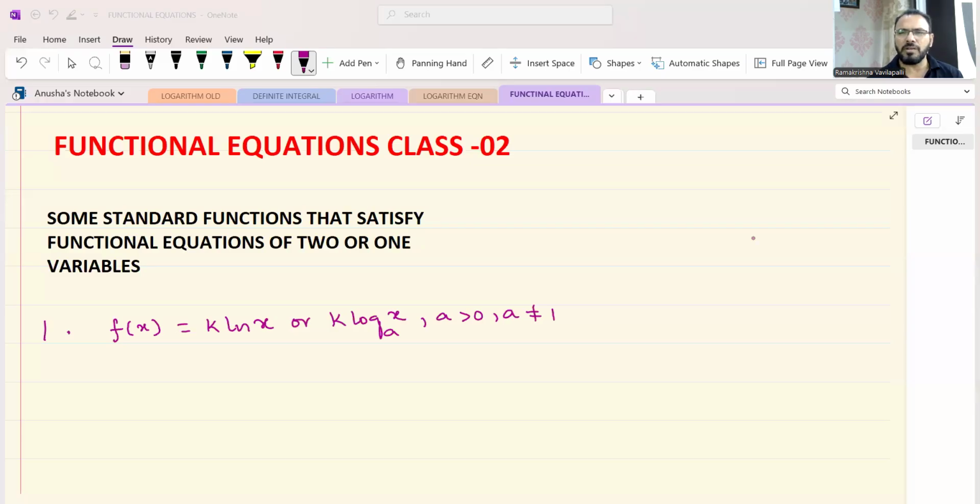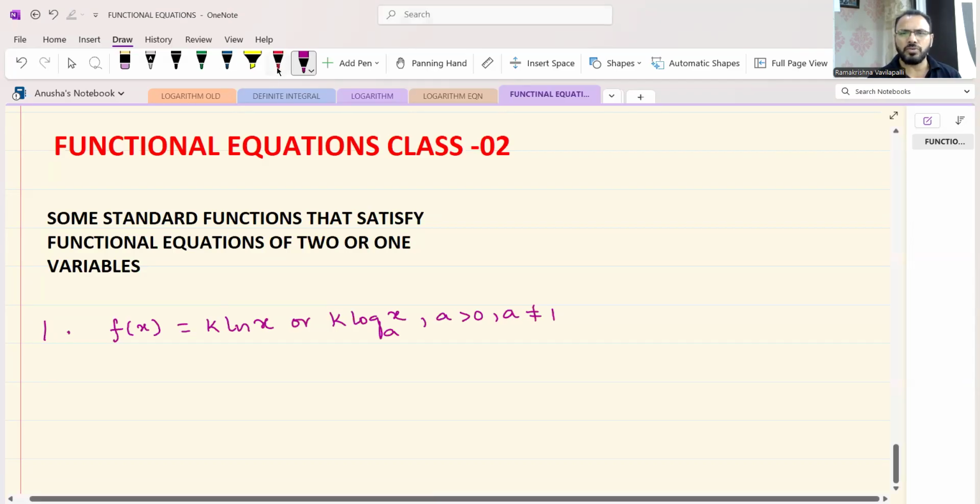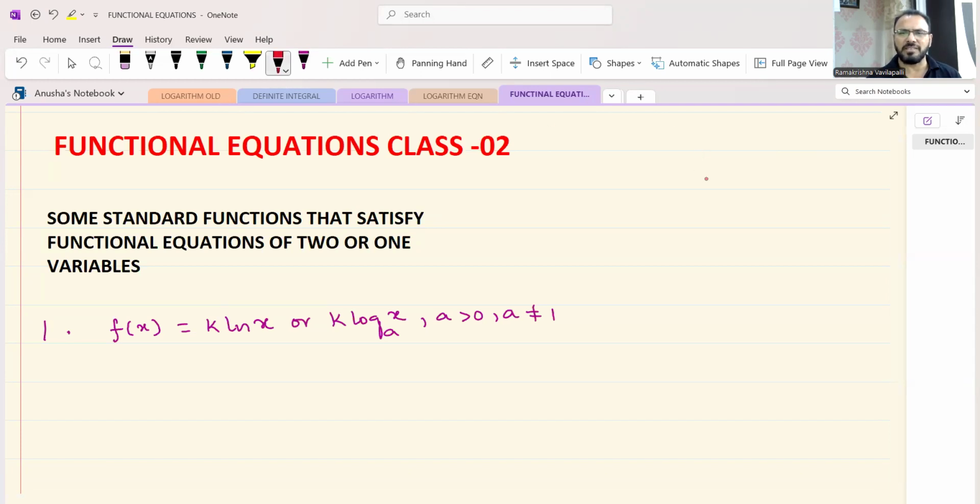To remember these solutions of functional equations, I'll give you a few basic things which help us find the solutions of some functional equations. A very basic one: what is log AB?